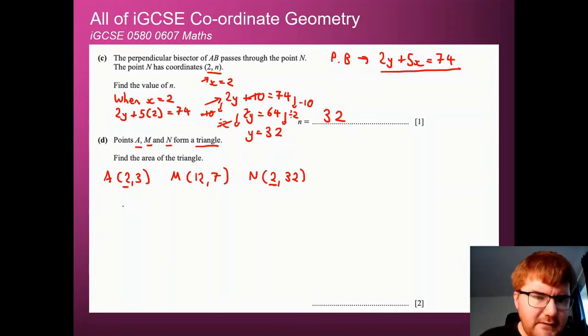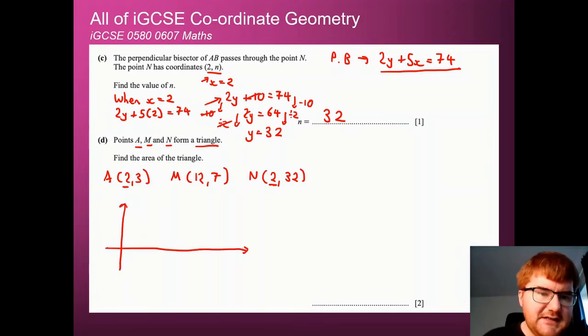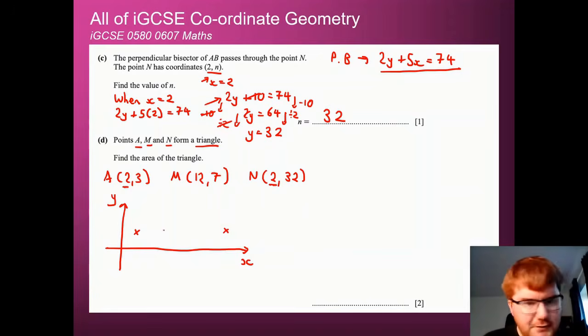So let's draw a diagram here that looks reasonably accurate. Again, doesn't have to be to scale in the slightest, but to give us a good idea of what's going on. So A is 2, 3, so that's going to be somewhere here. N, notice, is 2, 32, so it's on the same vertical line, just way over here. And then M is going to be 12, 7.